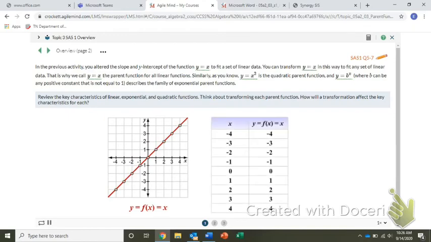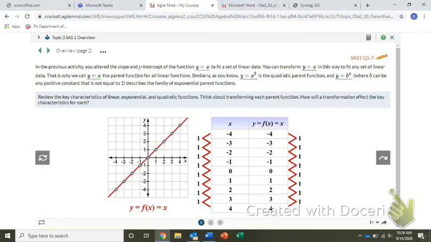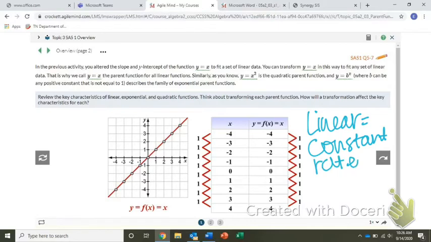And first, we have linear. Okay? Linear has a constant rate, addition, and slope.